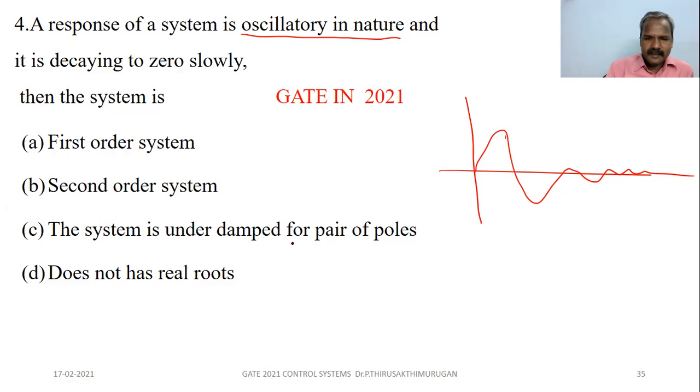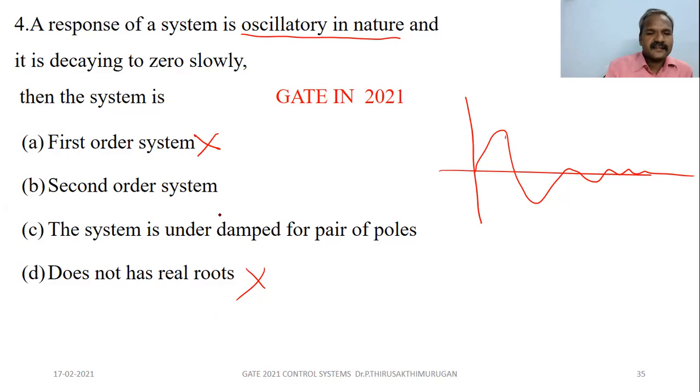The system is underdamped, with a pair of poles that do not have real roots. Clearly, we can say when the system is oscillatory, it is not a first order system. Does not have real roots means imaginary roots, and imaginary roots is marginally stable, lying on the imaginary axis, so this is also not possible.